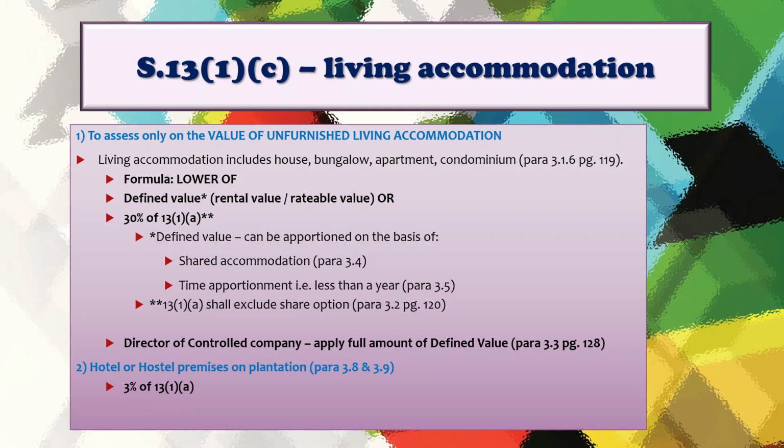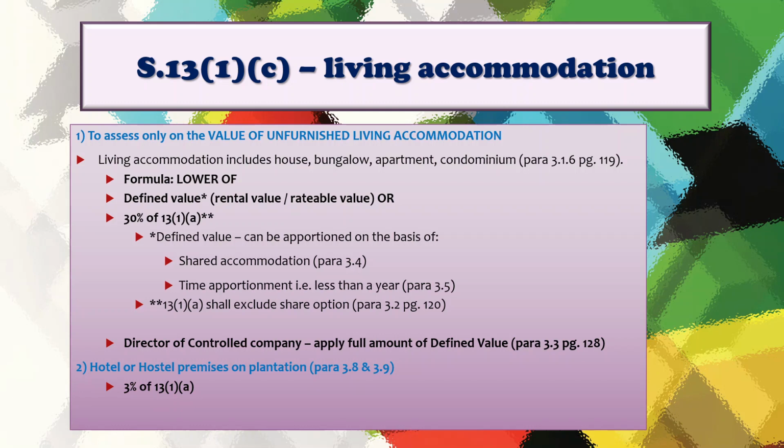If a share option is given and you enjoy that benefit, that amount shall be excluded from the total 13(1)(a). So when we compute the defined value, then take 30% of 13(1)(a), we compare and take whichever is lower. That lower amount is the figure we use to compute tax, to value the use of unfurnished living accommodation.